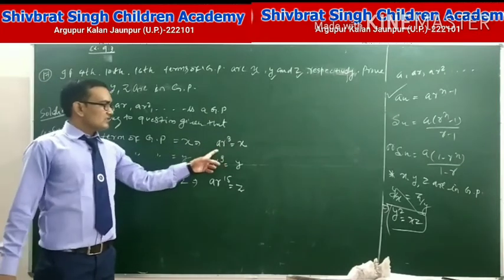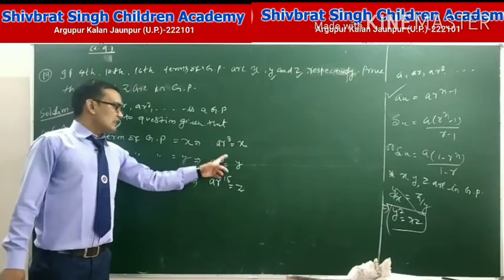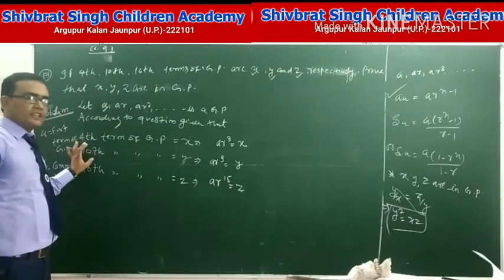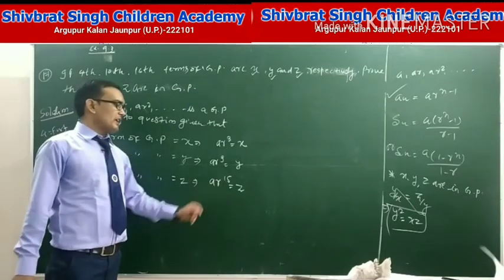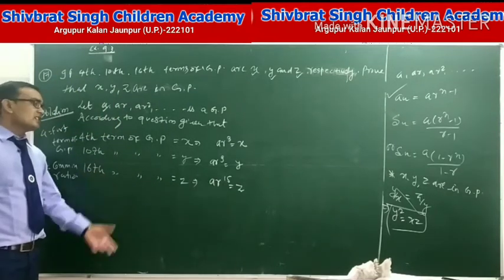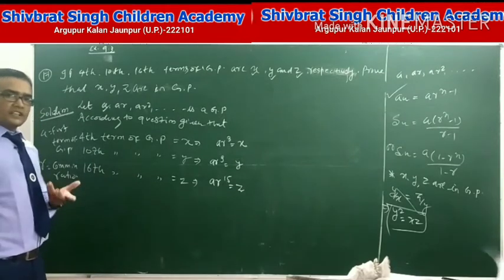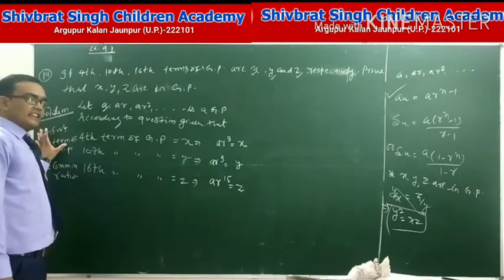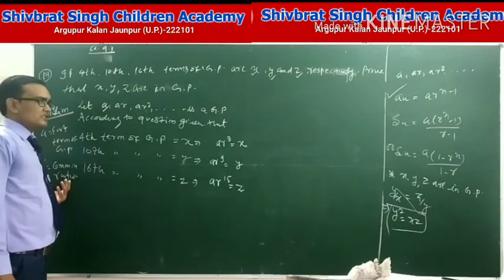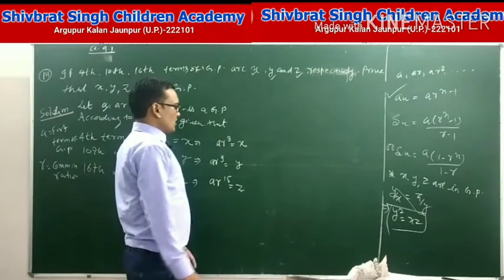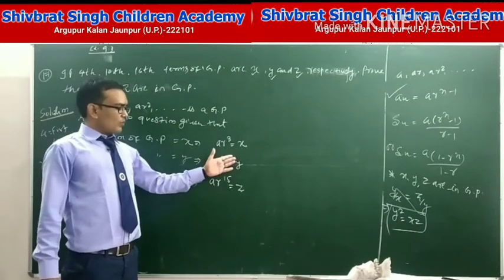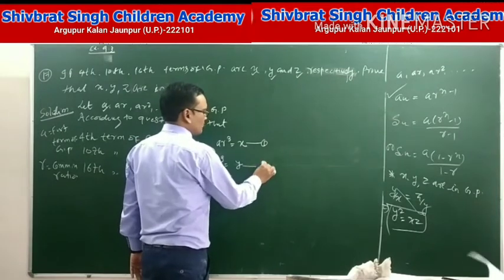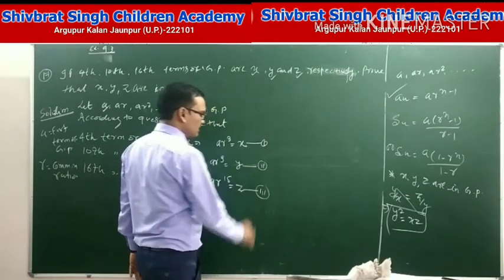AR to the power 9 is the 10th term, and AR to the power 15 is the 16th term, because we consider the GP whose first term is A and common ratio is R. Find the relationship between x, y and z. Now this is denoted by 1, this by 2, and this by 3.